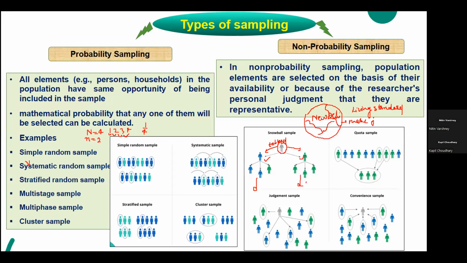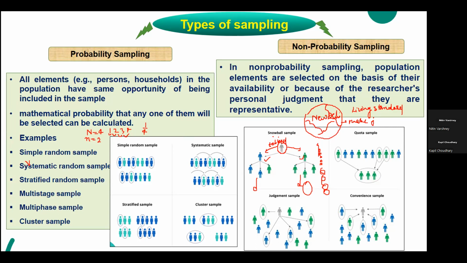Likewise, our sample will increase. It is like snow falling, collecting and increasing in size. That's why it is called snowball sampling. Just like a chain system, you connect two people, and those two people will connect two more people. This is called snowball sampling.